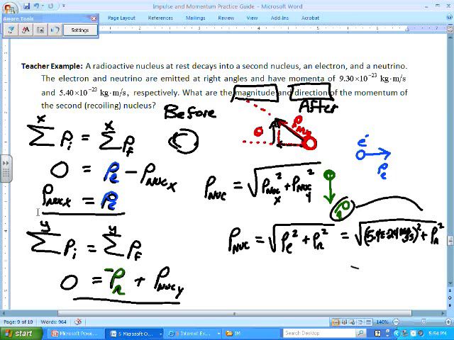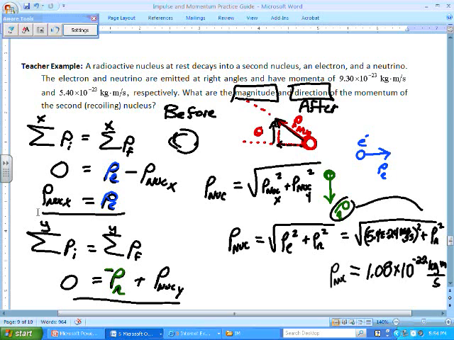And when we do the math on that, we should get a value of, looks like, 1.08 times 10 to the negative 22nd kilogram meters per second. So that gives us the magnitude of the momentum of the nuclei.